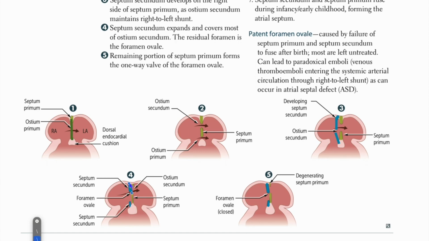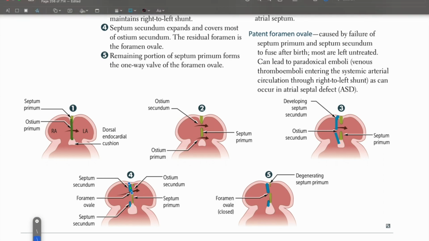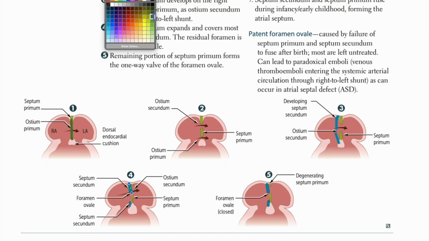It covers it, but it's not attached to the septum primum yet. Then the remaining portion of the septum primum forms the one-way valve of the foramen ovale. So now this thing is a valve, right?